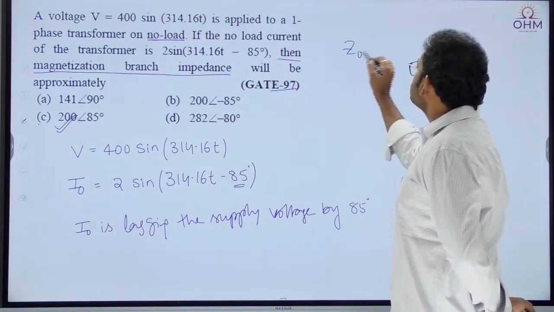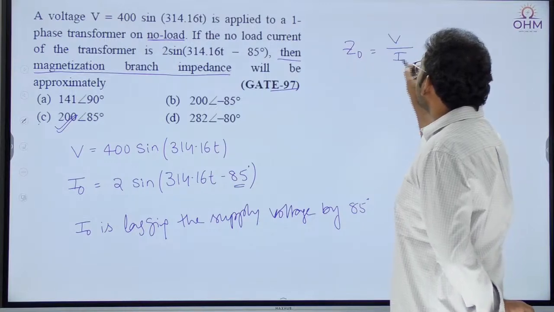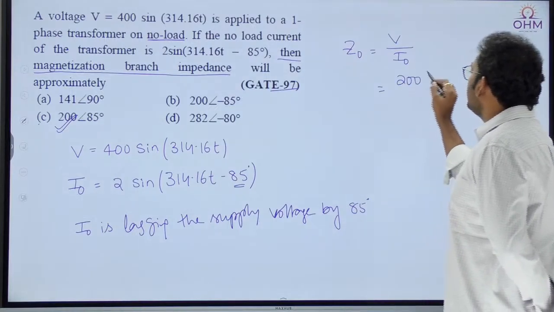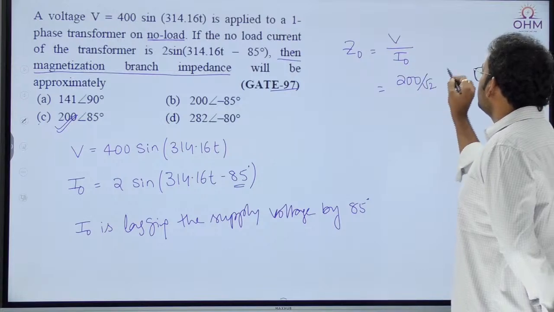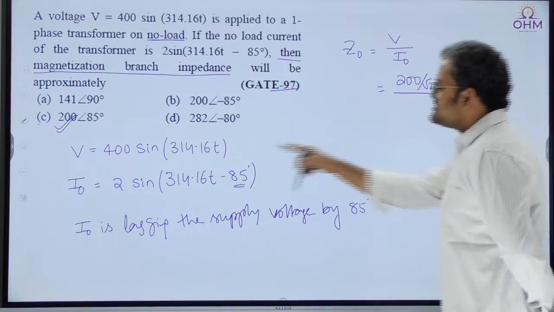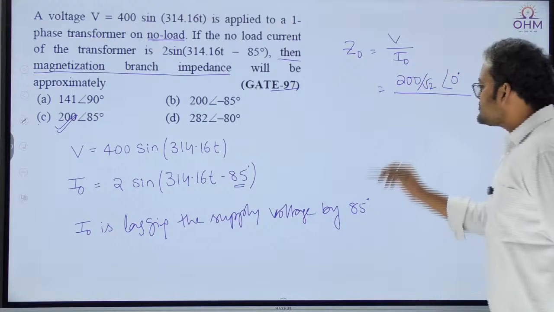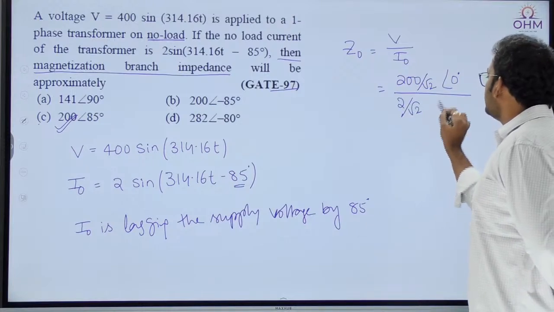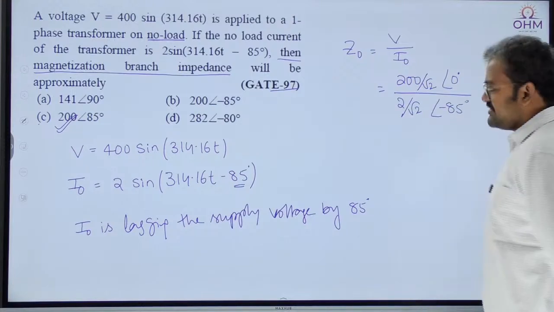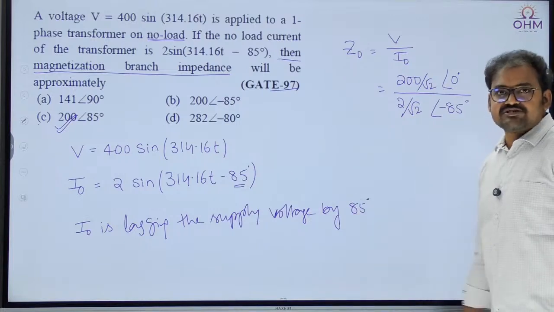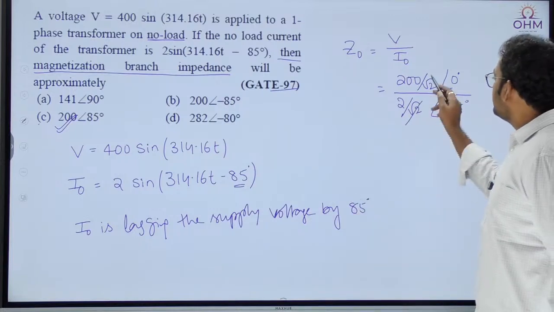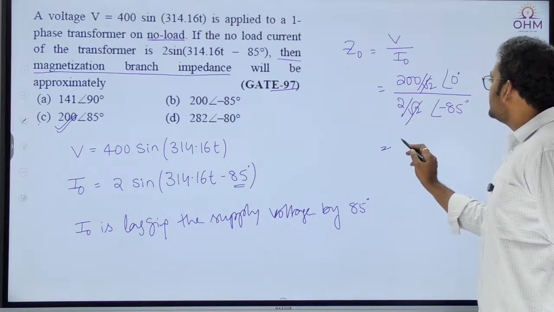Okay. So Z0 is simply V by I0. V was 200 by root 2 at an angle 0 degrees because voltage is at an angle 0. Current is 2 by root 2 at an angle minus 85 degrees. Current was lagging the voltage by 85. So root 2 will cancel. 200 by 2.